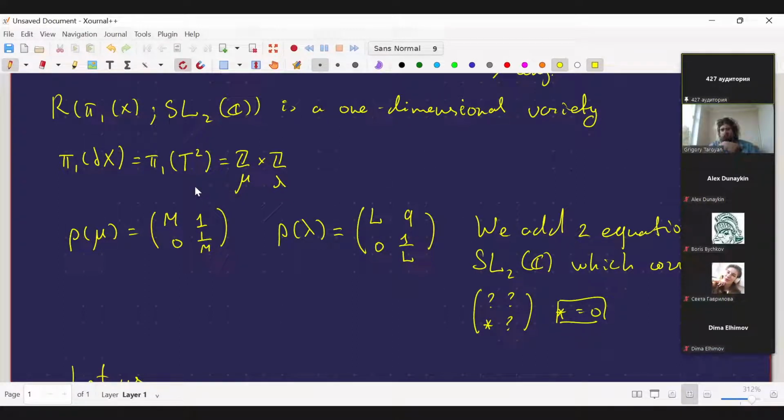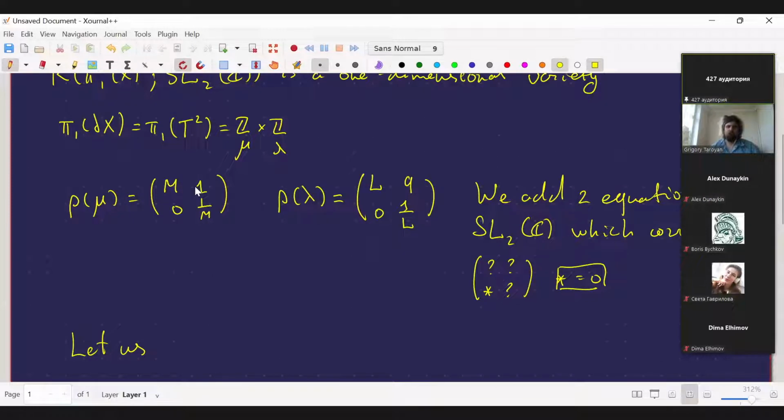То есть SL2 трехмерно, и мы используем эти три степени свободы для того, чтобы убить нижний элемент в представлении μ, убить нижний элемент в представлении лямбда и сделать единицей верхний правый элемент μ. Ну а все остальное как получится. Я правильно проинтерпретировал? Да. Окей.